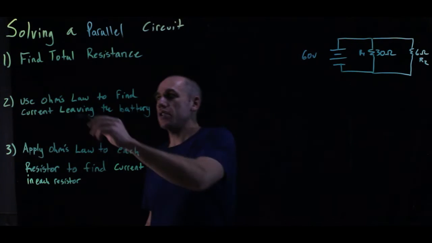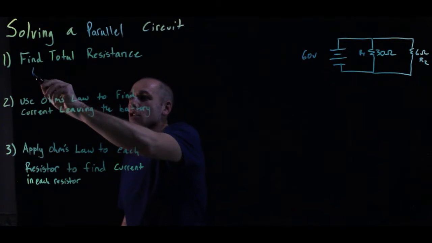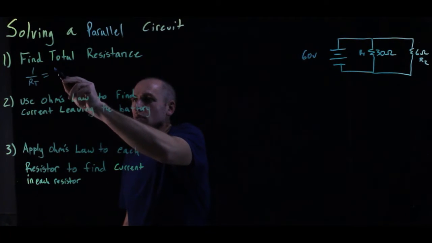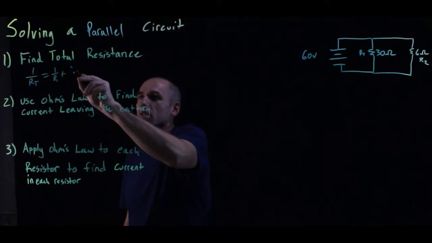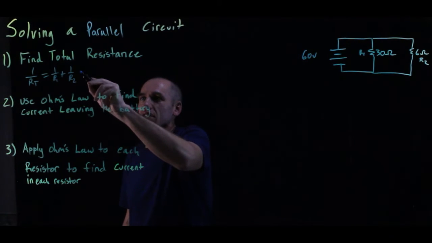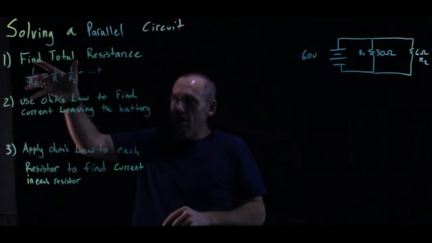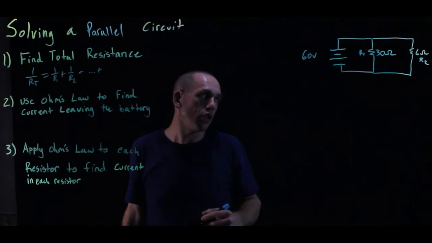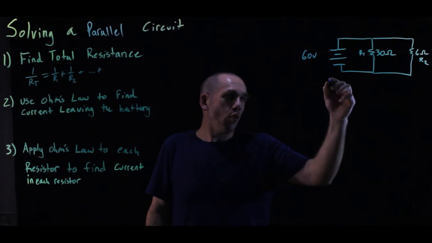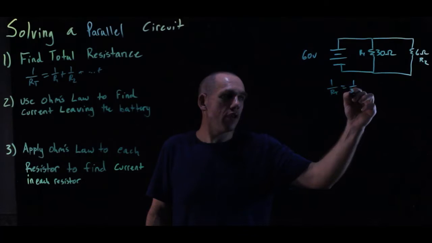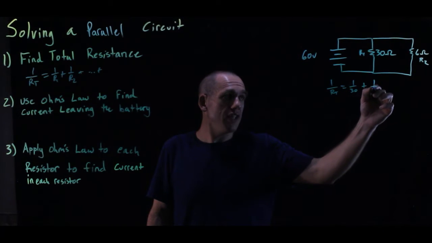Remember, to find the total resistance in a parallel circuit, the total resistance is actually a reciprocal, so it's 1 over R1 plus 1 over R2, but that doesn't give us total resistance. That gives us the inverse of that, so then we've got to flip that whole thing over when we're done. So over here, 1 over the total resistance is equal to 1 over 30 plus 1 over 6.